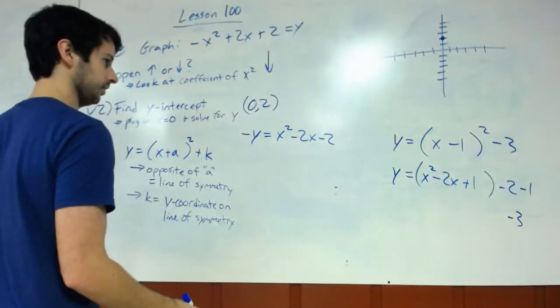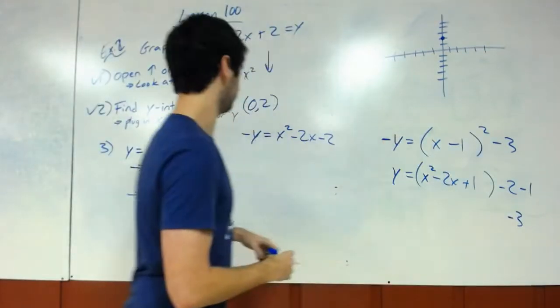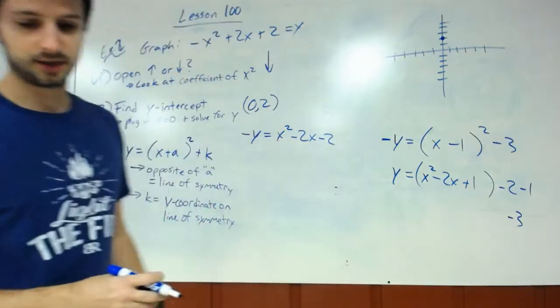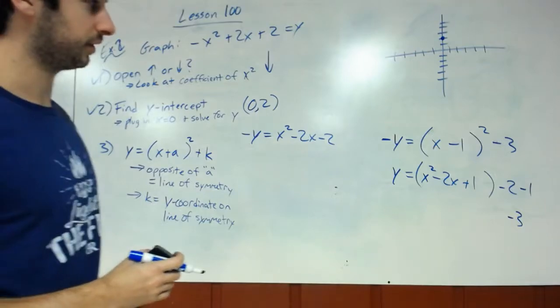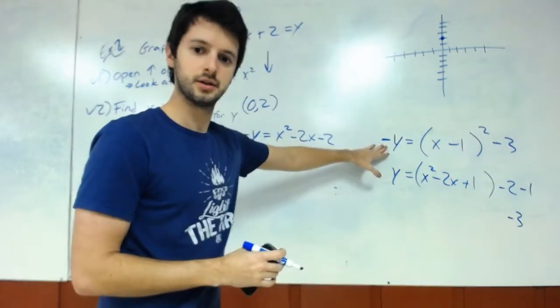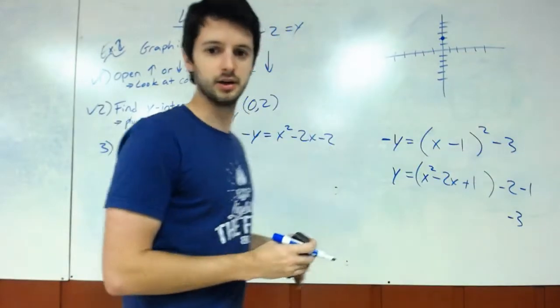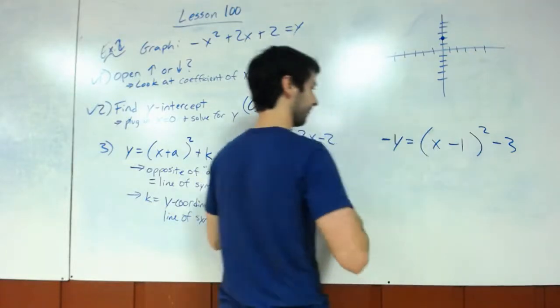All right, so now we have it in this form. The last thing we need to do is get rid of the negative over here. So we're going to divide everything by negative 1. Let me go ahead and erase this.